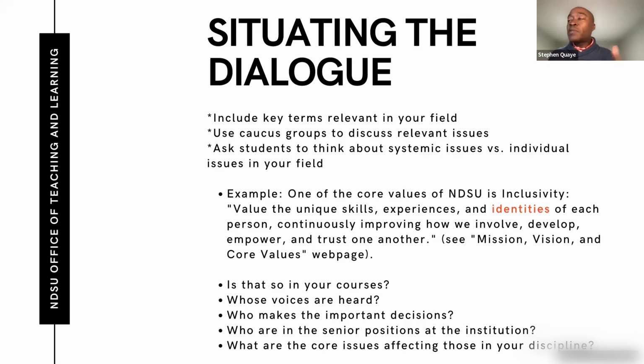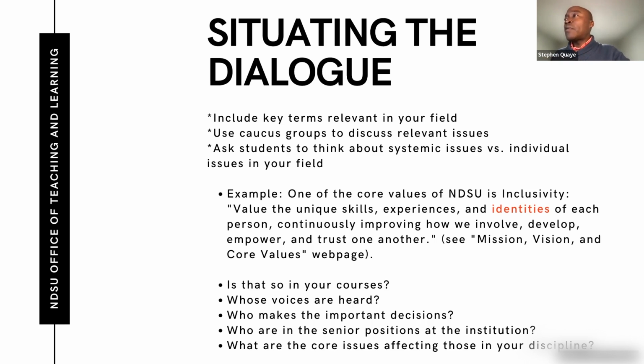Whose voices are heard? Who makes the important decisions in your courses? Who are in the senior leadership positions at the institution? Is this value really reflected? So in stage two, you're asking participants to do some digging around the things we believe and see the extent to which that's actually happening in practice.